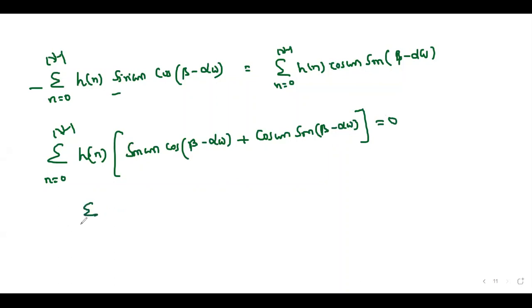Therefore, this can be written as summation n is equal to 0 to n minus 1 h of n into, this is of the form sin A cos B plus cos A sin B. The formula is sin of A plus B. So it is written as sin of omega n plus beta minus alpha omega is equal to 0.